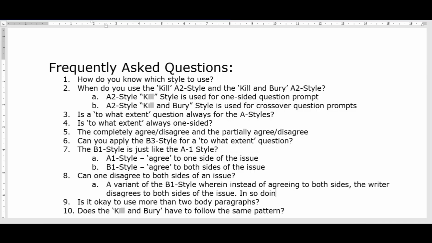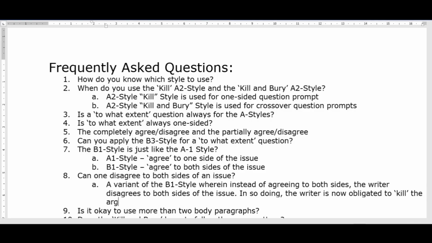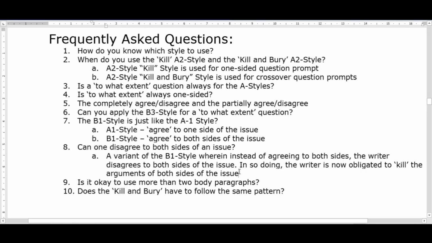If the writer would like to disagree to both sides rather than agree to both sides, as is the technicality of the B1 style, then the writer is obligated to kill the arguments of both sides of the issue. Maybe we should demonstrate that in a future video. That's a very interesting question. Can one disagree to both sides of the issue? The answer is really yes.